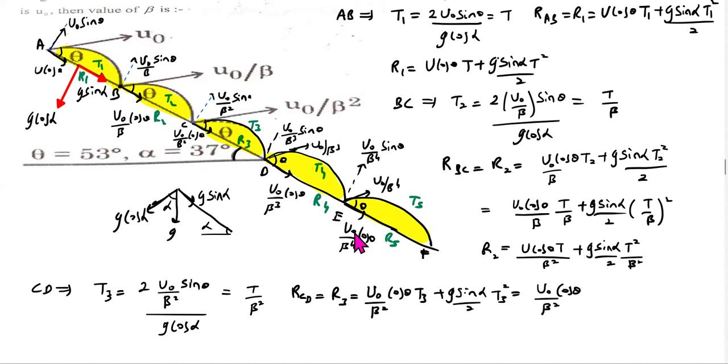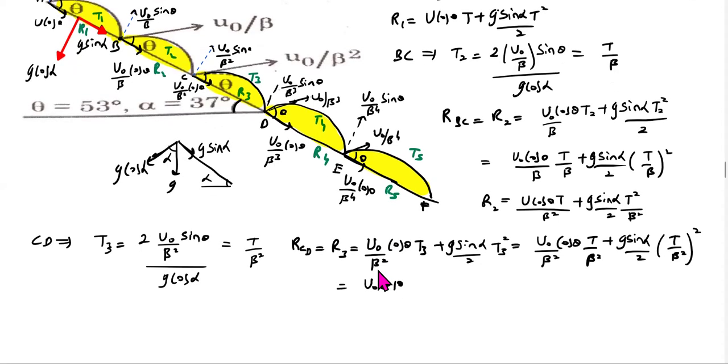So T3 will be T by beta square. Solving this, U naught cos theta. So on like this we can go for it.